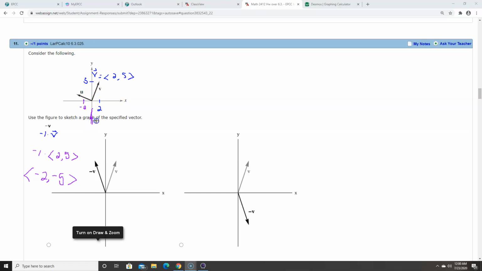So you would go negative 2 and negative 5, and you'd be right down here somewhere. And then from standard position, now I just made a sketch, but it's supposed to be straight. And it's supposed to be in the same direction as this vector v, but just the opposite way. It has to be still.